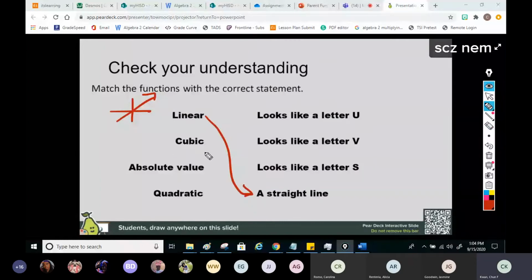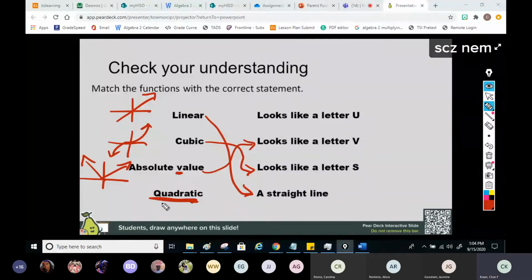And then cubic. Cubic looks like the letter S. So that one goes right here. Absolute value. You see the V, so that means it looks like a letter V. And then the last one, quadratic.